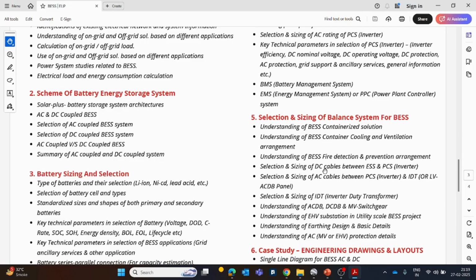Cable sizing is not that much required for this training program, but if you are interested in learning balance of system detail engineering, then you can use it. It might also be helpful for people who are into maintenance, and even if you are into projects, cable sizing is a useful tool, whether you're doing BESS or any other project, right? So I hope you all have got familiarity with that and are confident on that.